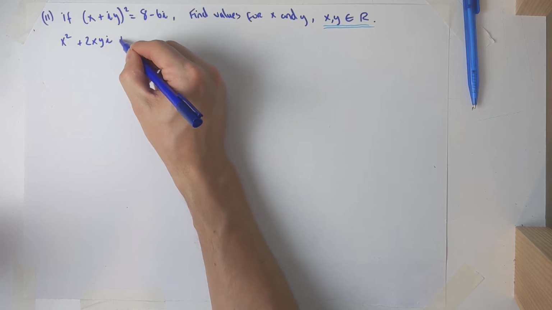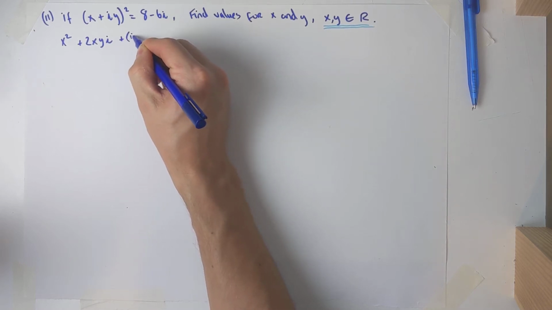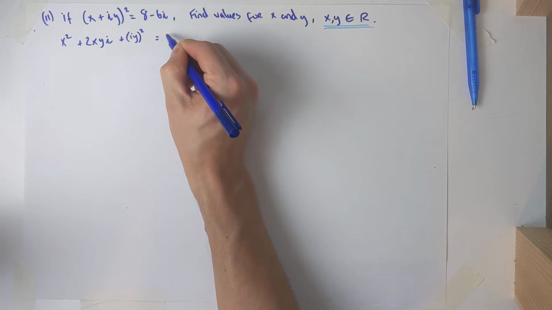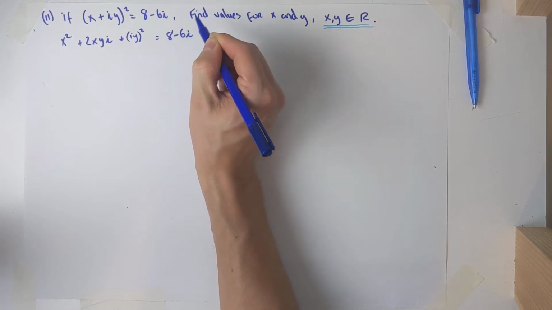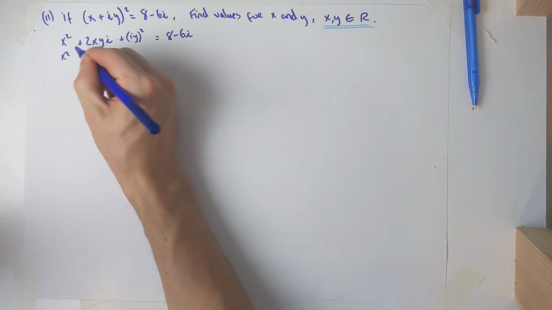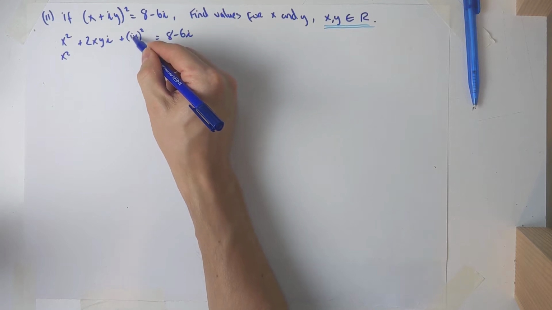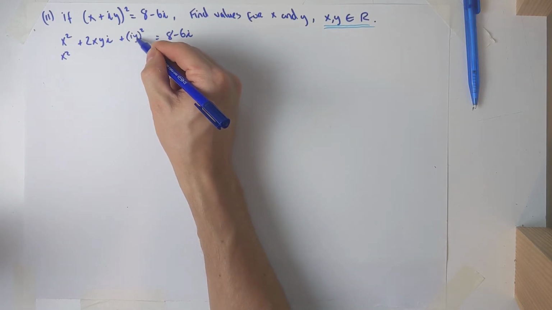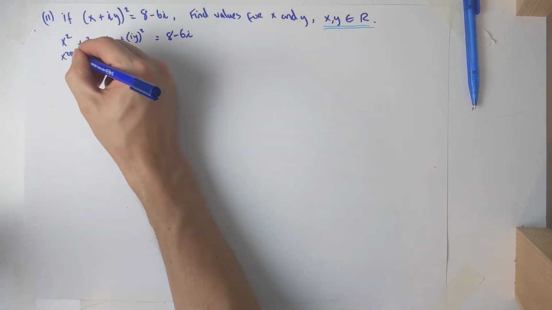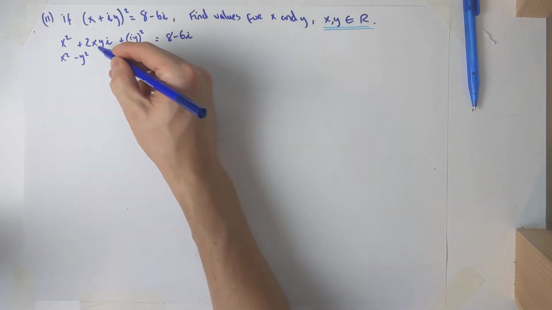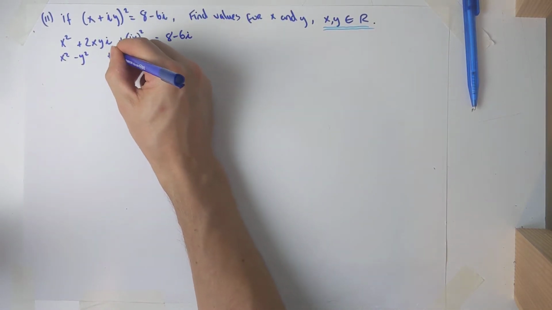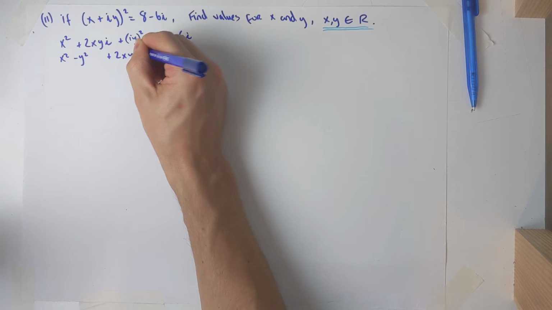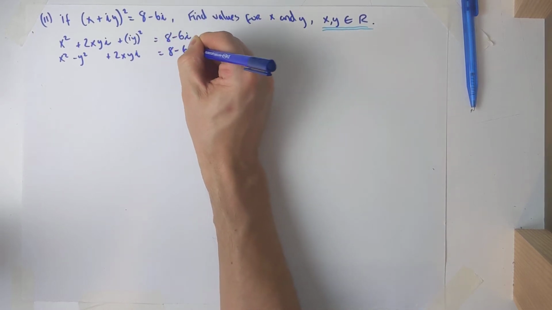And your second one squared, so that's iy all squared, equal to 8 minus 6i. To tidy that up, square all of this, that's giving you i squared and y squared, and i squared is minus 1, so it's really minus y squared. And you still have your imaginary bit, plus 2xyi, that's equal to 8 minus 6i.